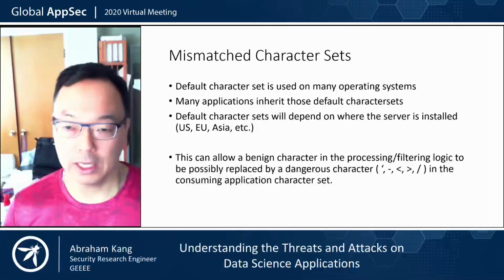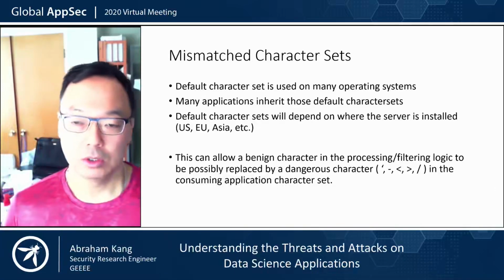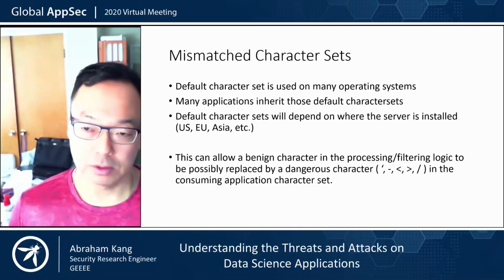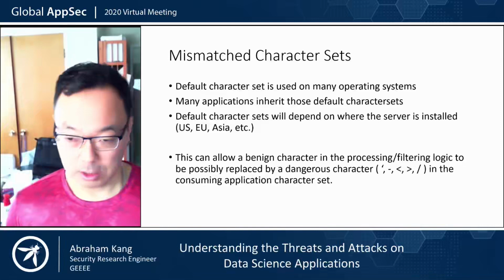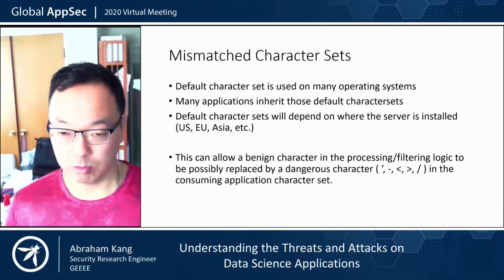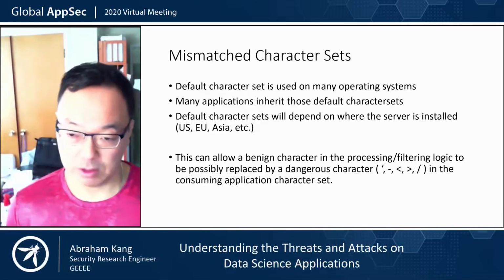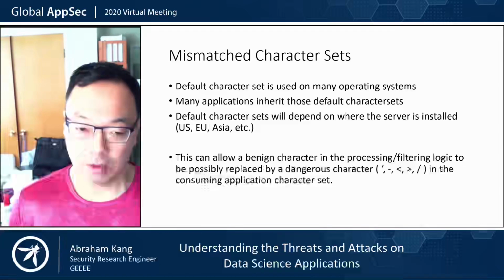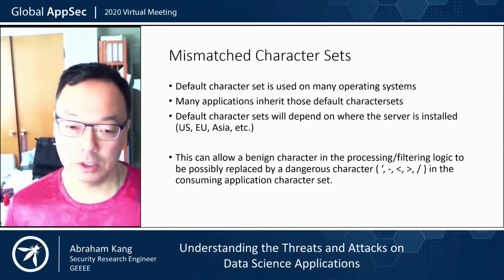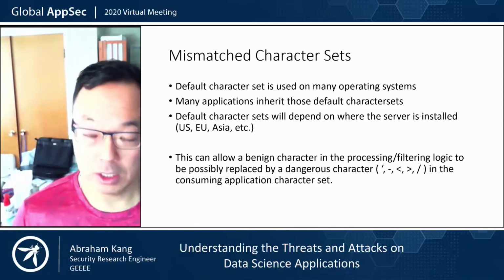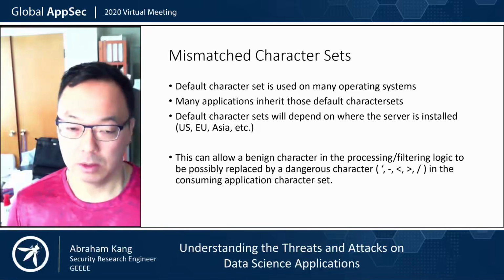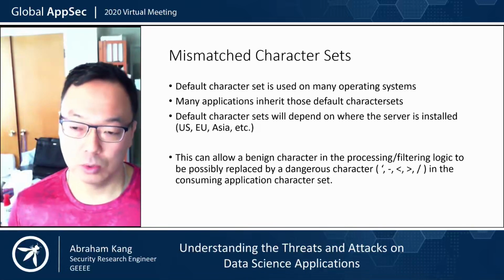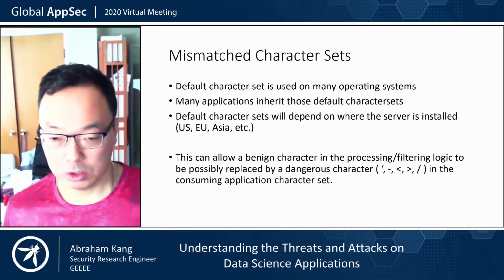So what you can have is that these applications inherit the default character set of the operating system they're installed in. And then when data is processed and converted into and out of their character sets, it can allow certain dangerous characters to be put in where a benign character was in that character set, and then allow the other consuming application to get the dangerous character.